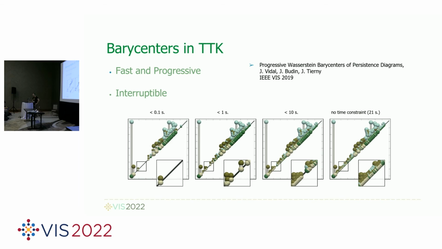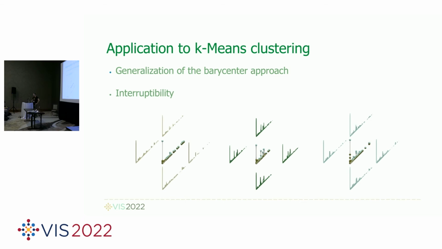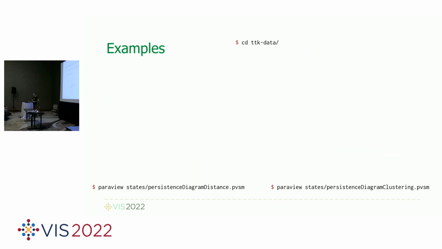And I will demonstrate that. So this was for the computation of a barycenter, and we extended this approach to a generalization, which is a k-means clustering of an ensemble of persistence diagrams. Once again, the method is interruptible and progressive.